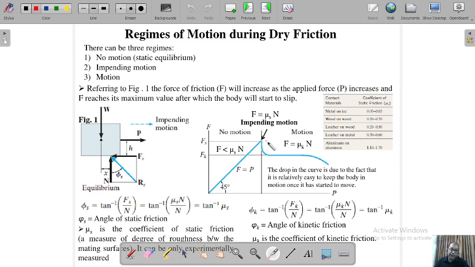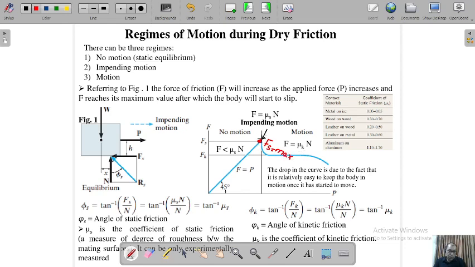So you can very easily say that at this point, your Fs will be maximum. Just remember this point.